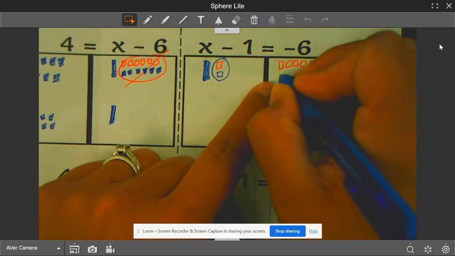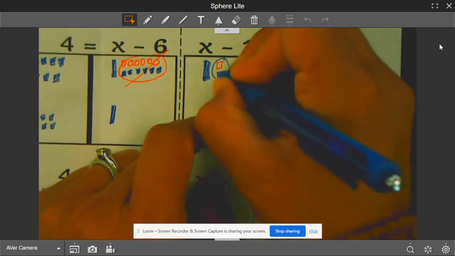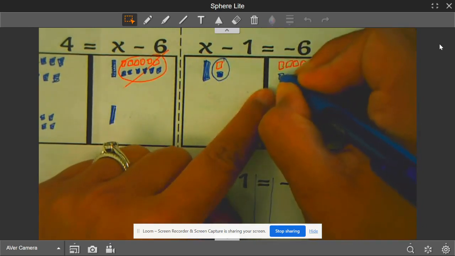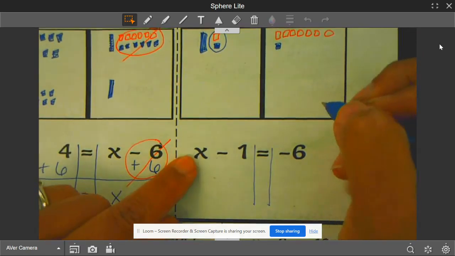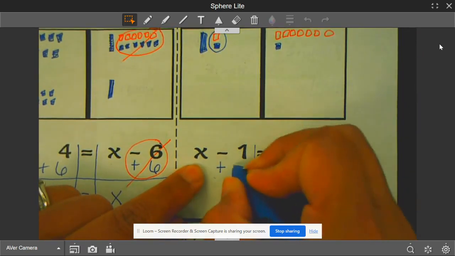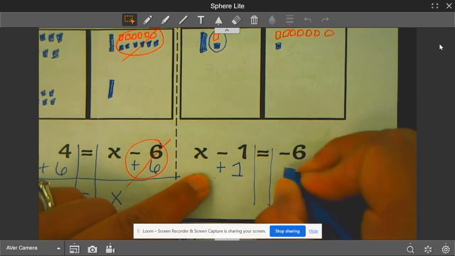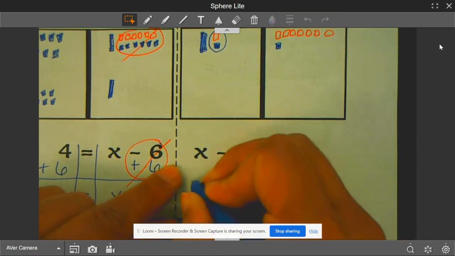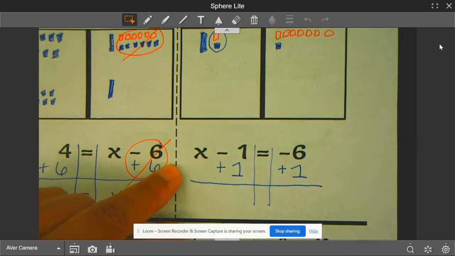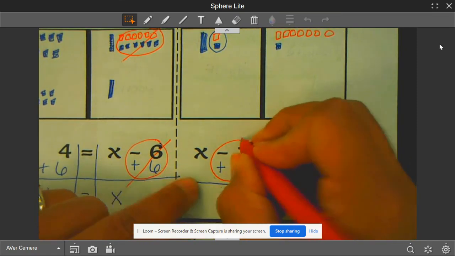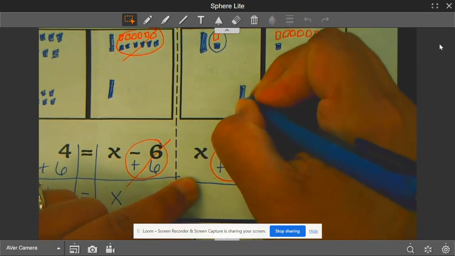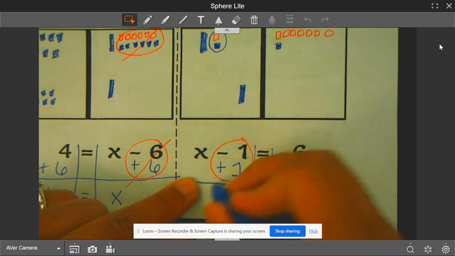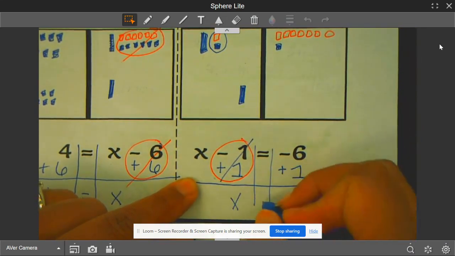So whatever I do to that side, I have to add a positive 1 on this side as well. So here, algebraically, add positive 1, add a positive 1. This was my 0 pairs. Just like above, my x got isolated.